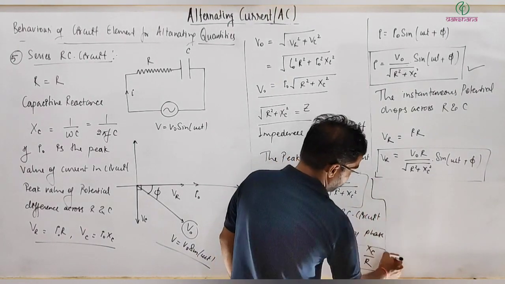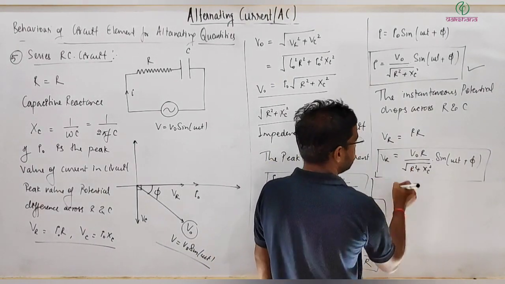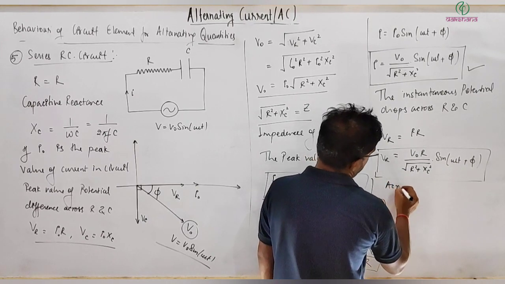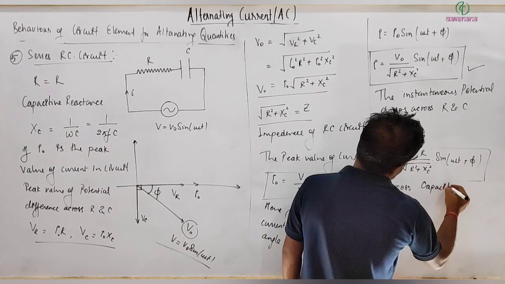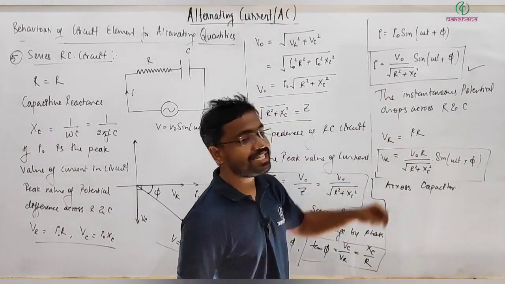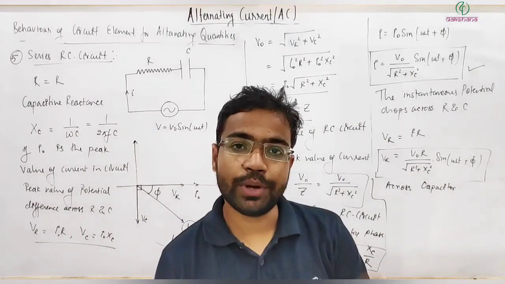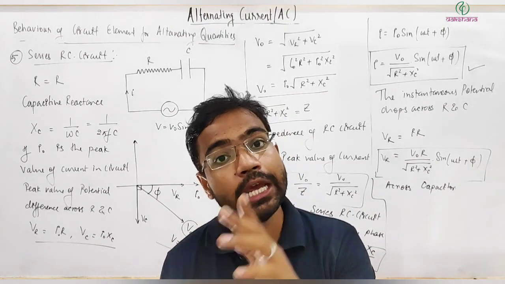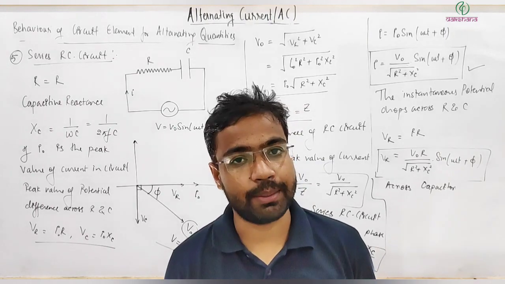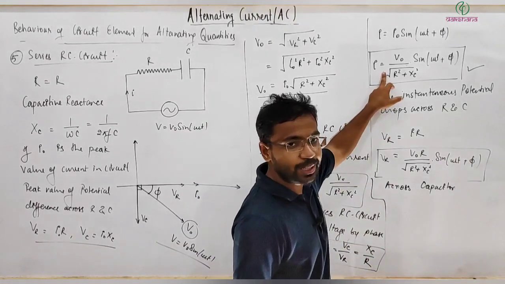So here similarly I can write the potential difference across the capacitor. So the capacitor current I got exactly this. What about the potential drop? The potential drop in the capacitor lags behind the current through the capacitor. So current through the capacitor is given by this.